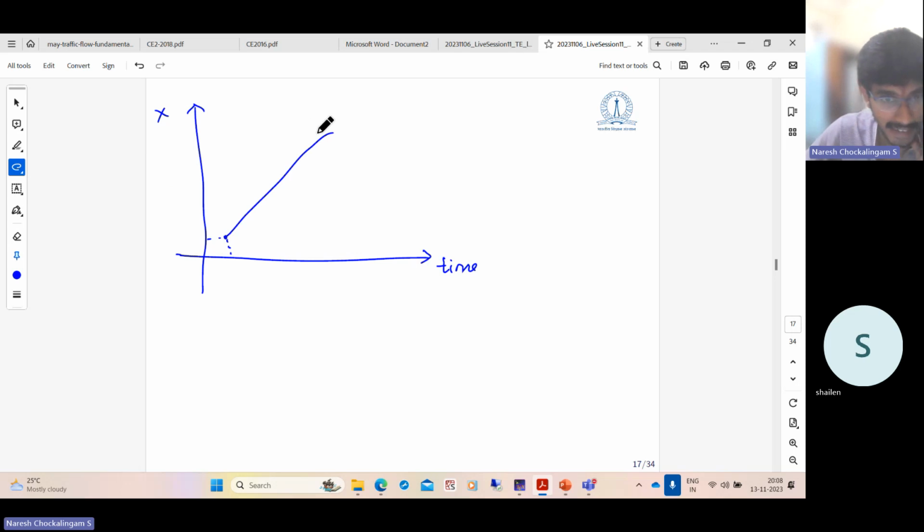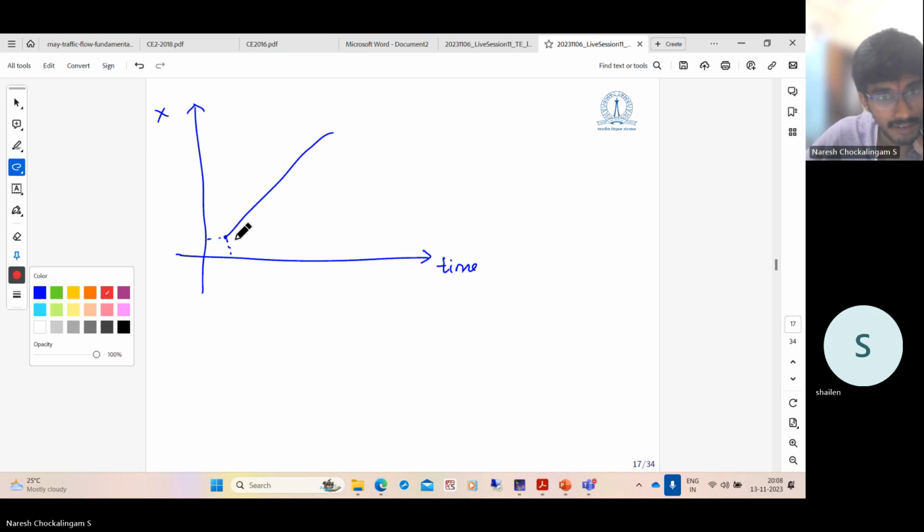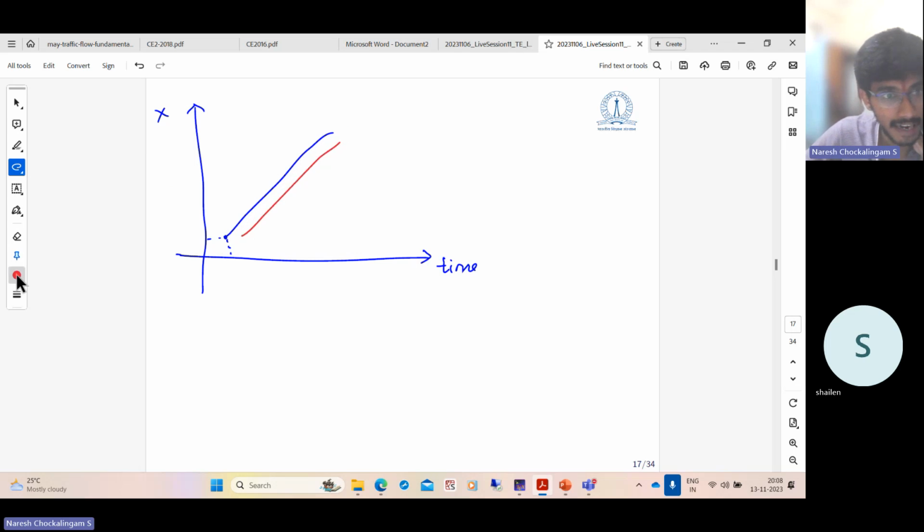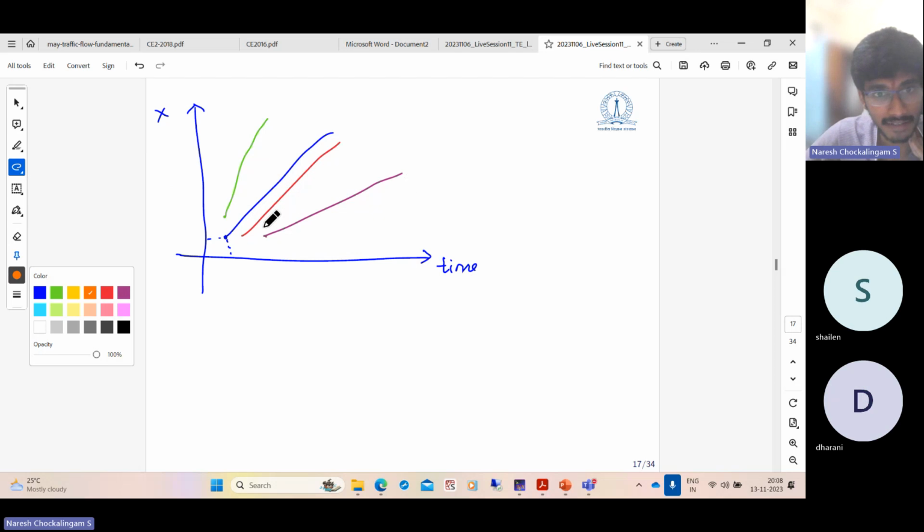So this is the characteristic of an individual vehicle. But there are many vehicles on a road, right? Another vehicle can start a little late. Another vehicle can start at a different point and go at a different speed. And another vehicle can start somewhere here and go at some different speed. So you can have many vehicles like this.